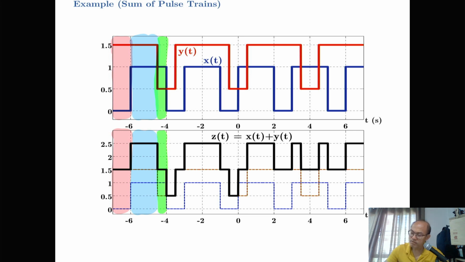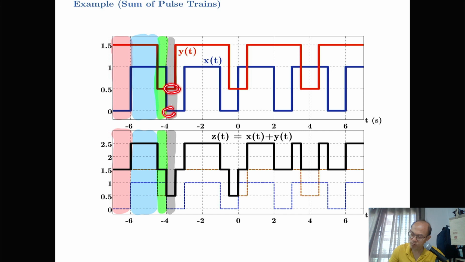Now the next interval would be this little interval here, so let's mark it with a gray one. In the gray interval, y is 0.5 whereas x is 0.